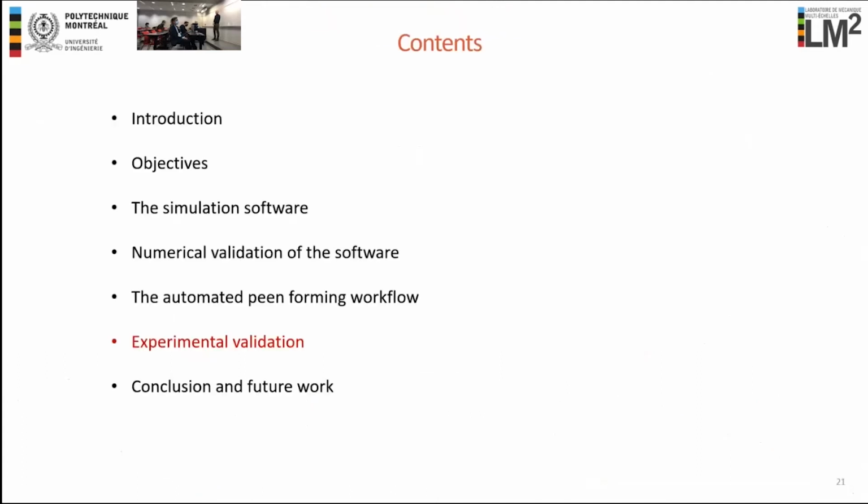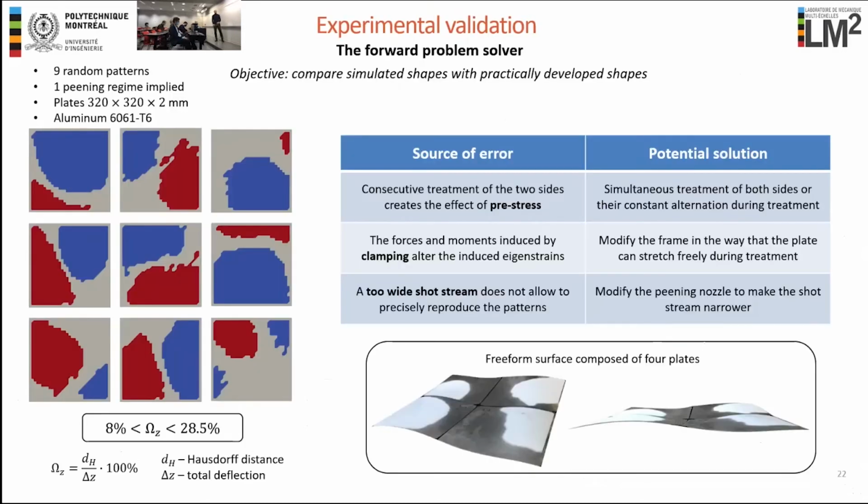Now let's move to the experimental validation of everything that we have done so far. So first of all, we decided to validate the forward problem solver, because it is essentially the thing that binds all the inverse problem solver as well, right? So we took 9 panels, 32 by 32 centimeters, 2 millimeters thick, made of aluminum 6061 T6, and we generated 9 random peening patterns for these plates.